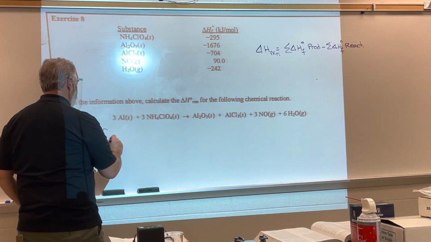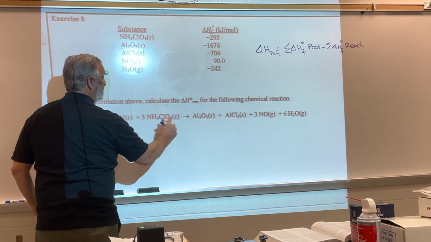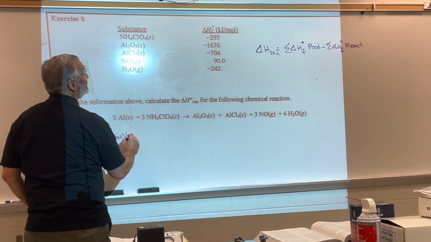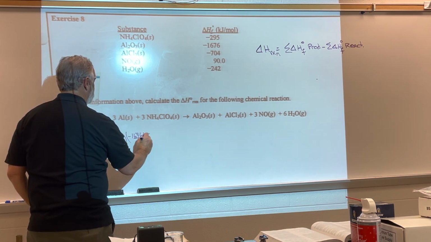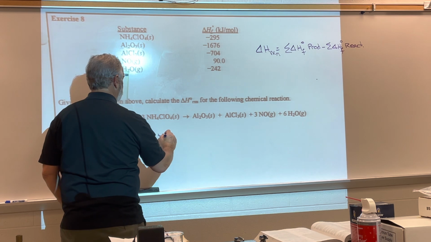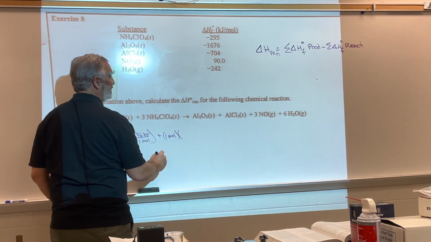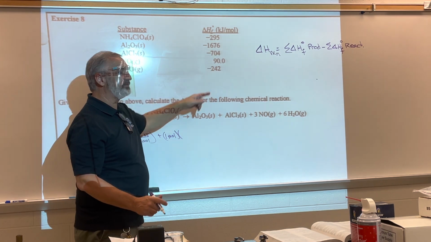There's only, the coefficient in front of it is a 1, so it's going to be 1 mole times negative 1676 kilojoules per mole. Plus 1 mole, and if it's a 1 like this, you really don't have to write it, I'm just making a point. AlCl3. AlCl3 is given as negative 704.